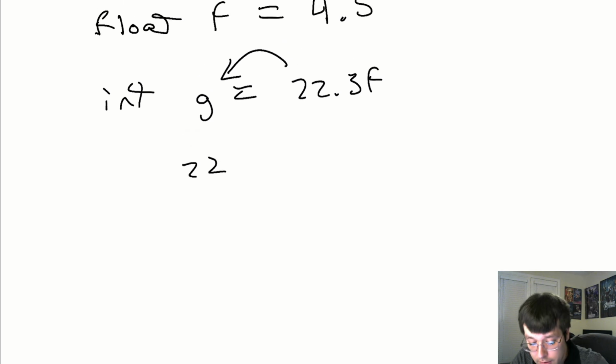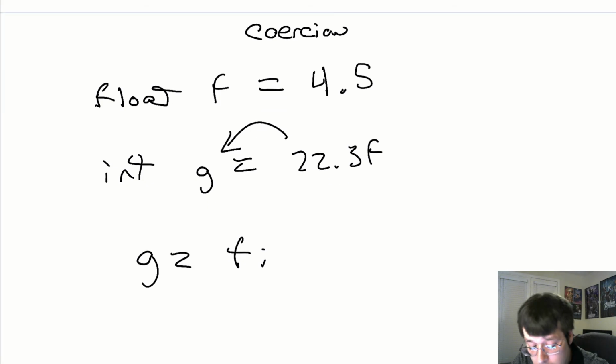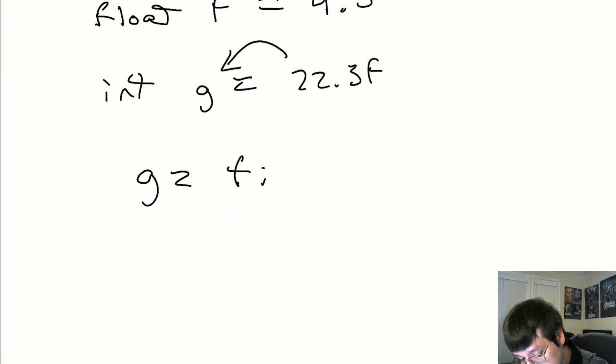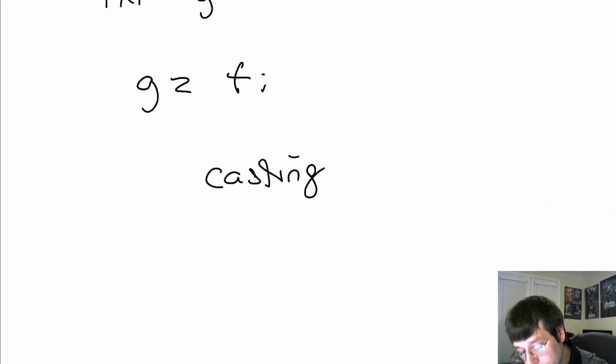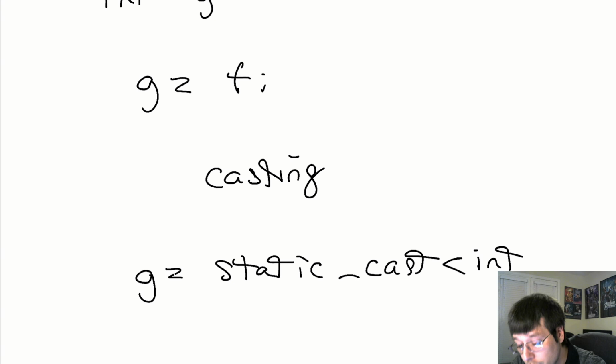You also learned that if you would like to store this float that we have into the integer, if you do this, this is again coercion. So these are all coercions, but you can also do what's known as casting. To cast in C++, what you do is you write g equals static cast, and then you put the type of what you want to cast to, and then you put what the variable or data is that you're casting.